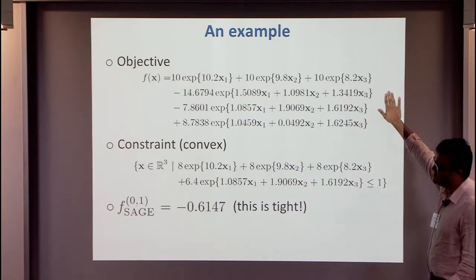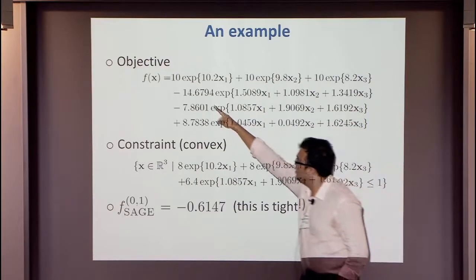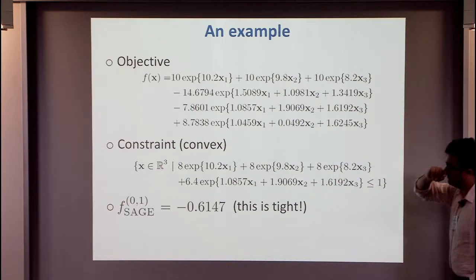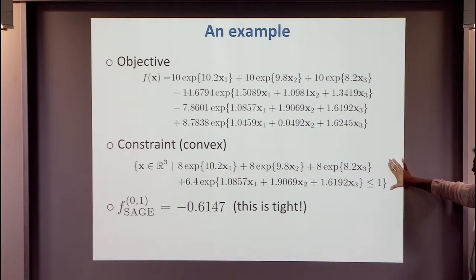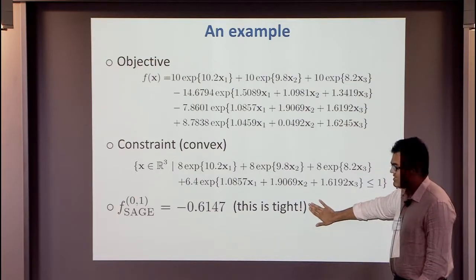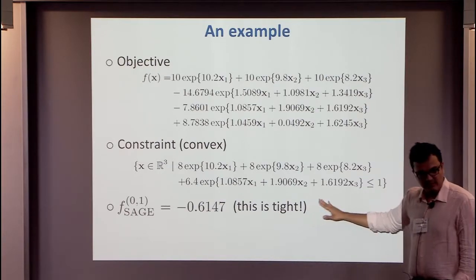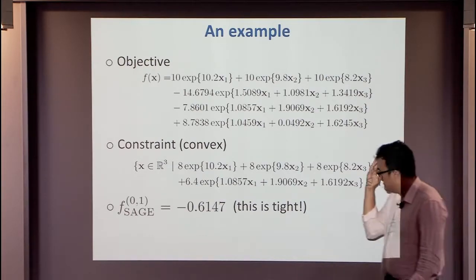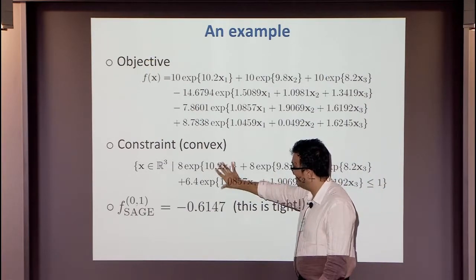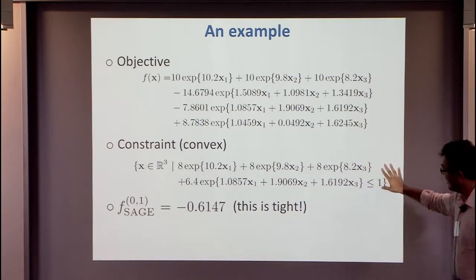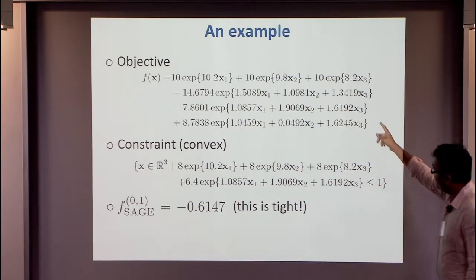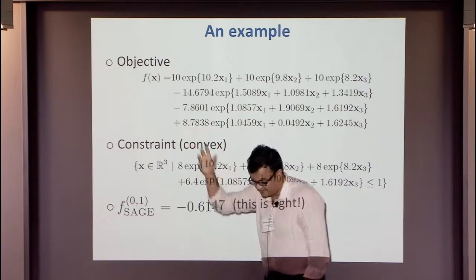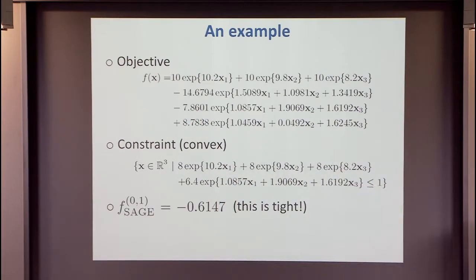If you have this objective function, again, 2 negative terms, it's an example from before, and you have the following constraint set, you get something that is in fact tight. What's interesting here, just a point and note, is that this constraint set is convex. The objective function, though, does consist of negative signs. So this is, again, not a GP.